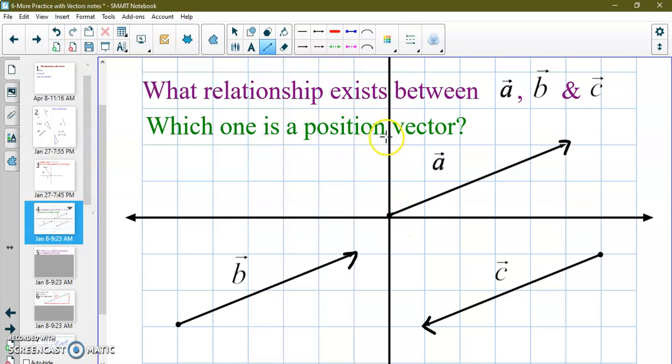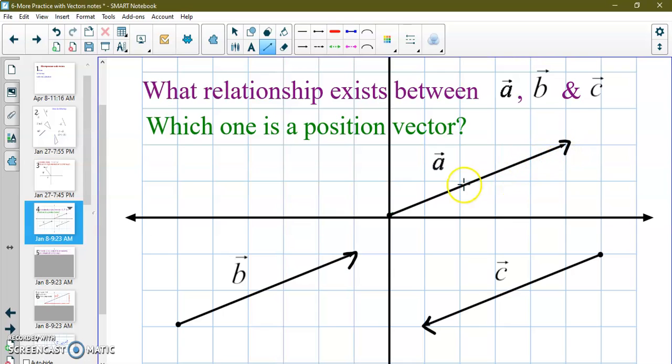So I see I'm going up 2 and over 1, 2, 3, 4, 5 for vector A. So we don't actually have to calculate what this length is. B also goes up 2 and over 1, 2, 3, 4, 5. And C up 2 over 1, 2, 3, 4, 5. So they all have the same magnitude.